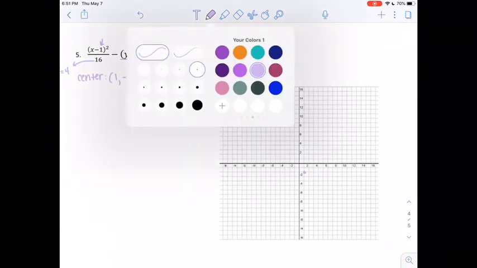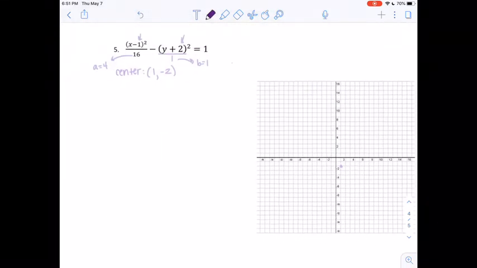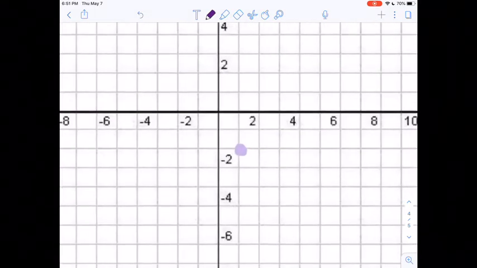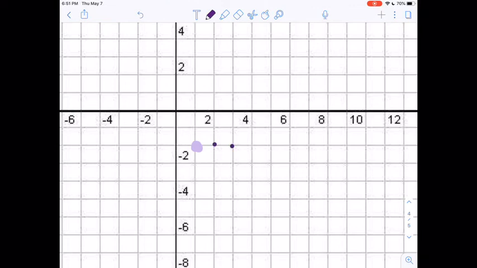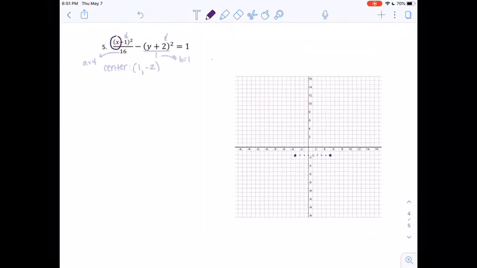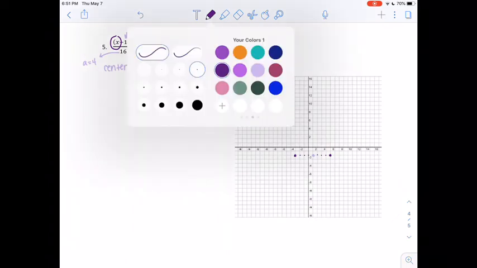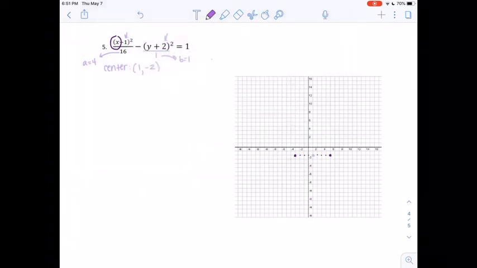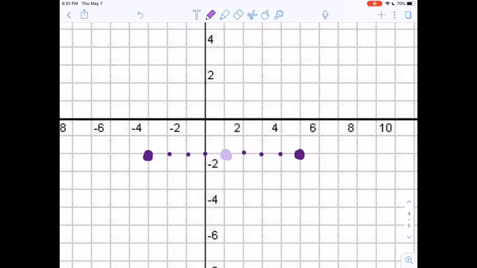And then I'm going to count 4 along the x because it's underneath the x. So you're going to go from the center, 1, 2, 3, 4. And then from the center, you're going to go left, 1, 2, 3, 4. And then I'm going to do the same thing for the y, but now I'm going up 1 and down 1.